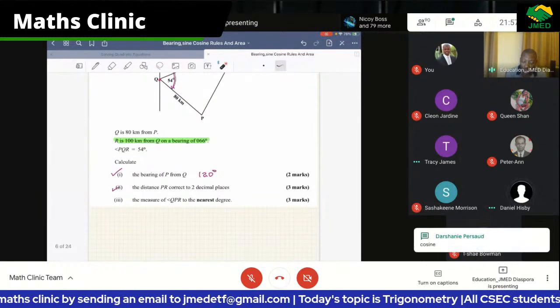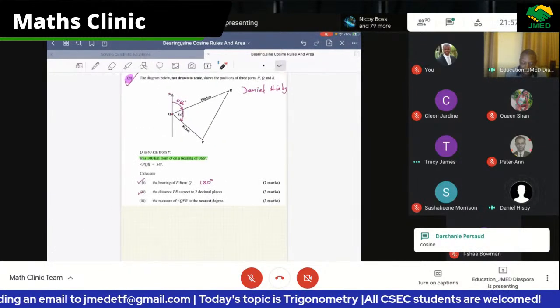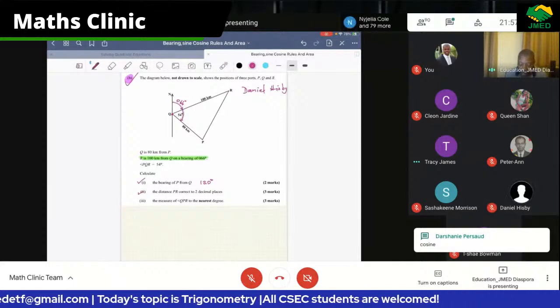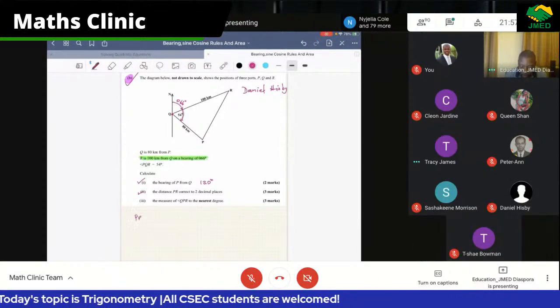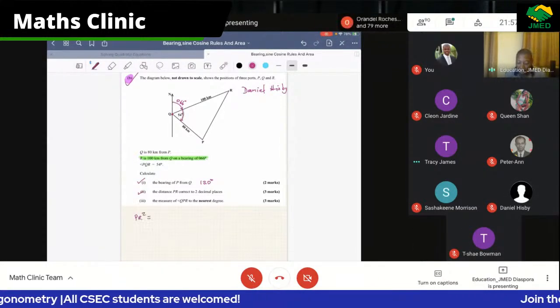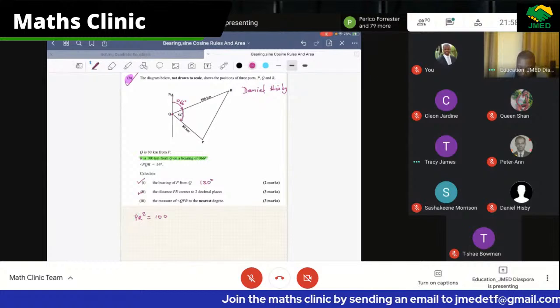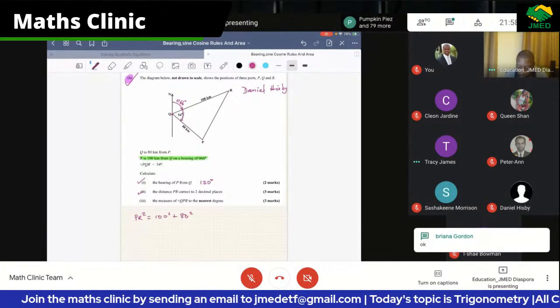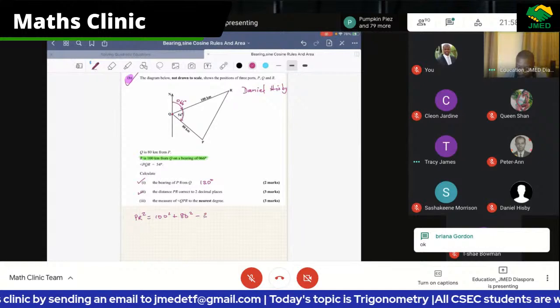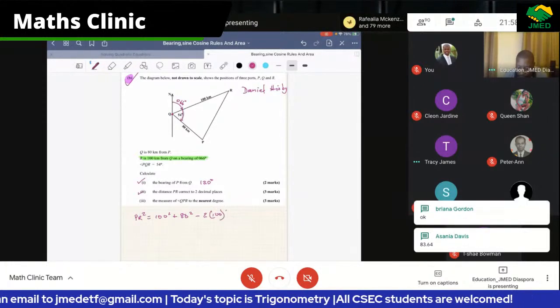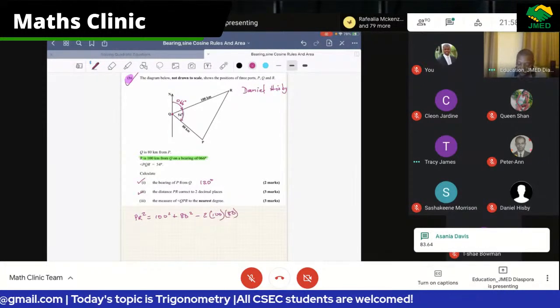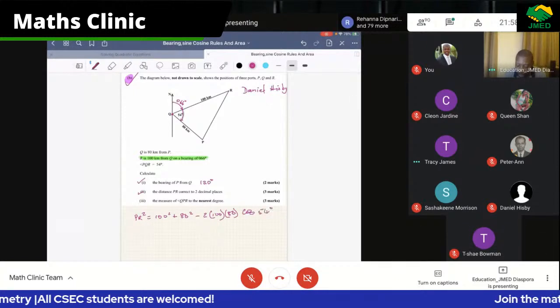Cosine. And the cosine rule, I'm just going to work it like this, saying that PR squared is equal to 100 squared plus 80 squared minus 2 times 100 times 80 cos 54 degrees.